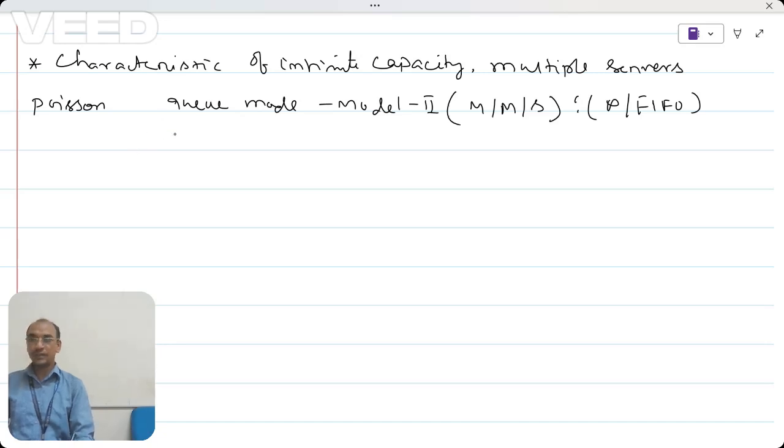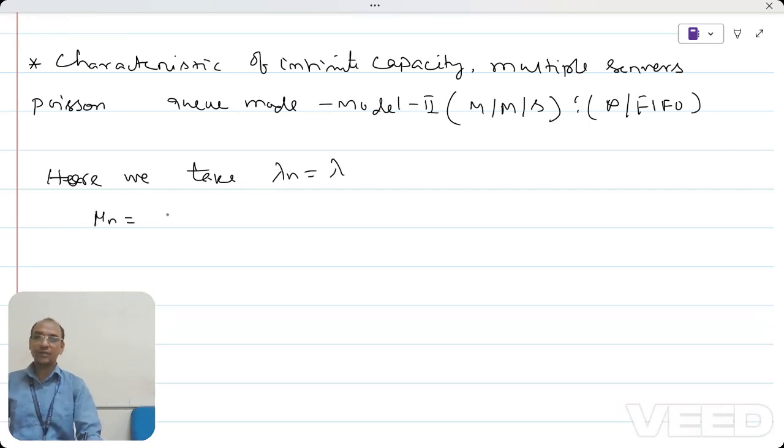So what we will do here? We take lambda n as lambda, but we have mu n with two values. What are those values?